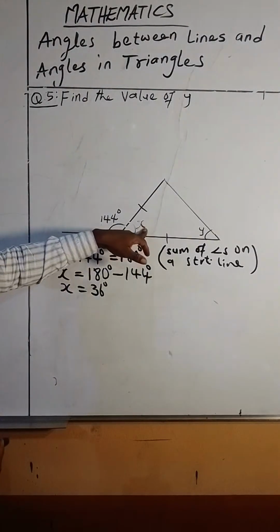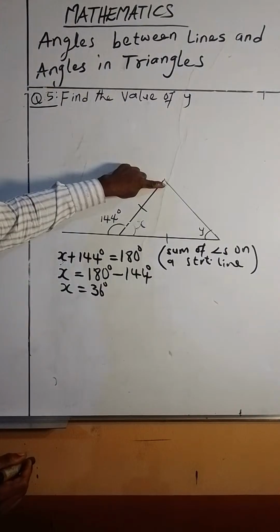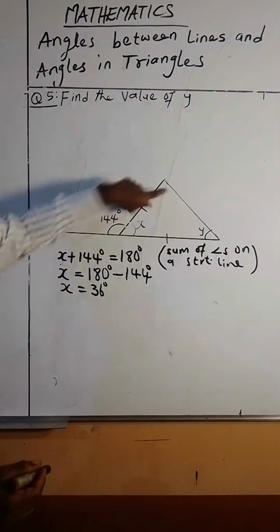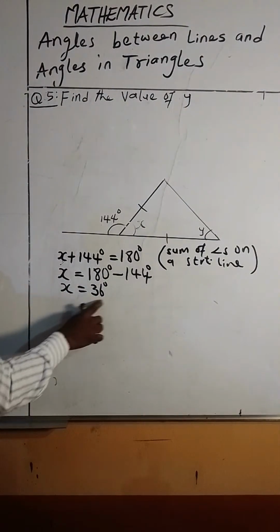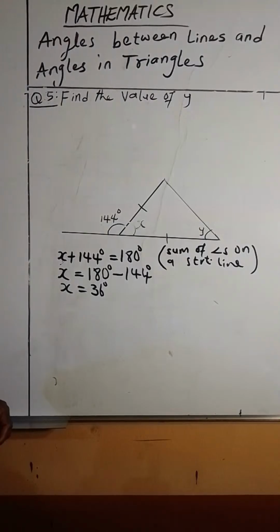We are already aware that this angle here and this angle are equal, okay? Now that we have 36 degrees, we have to divide by 2. That's how to get it. So since we are looking for y, we divide 36 by 2.